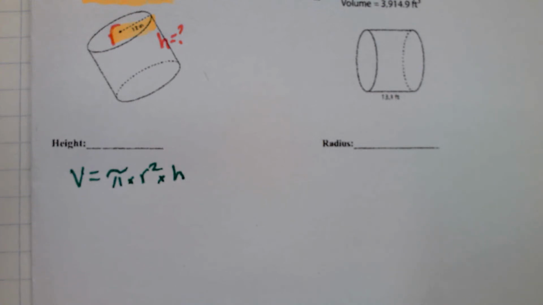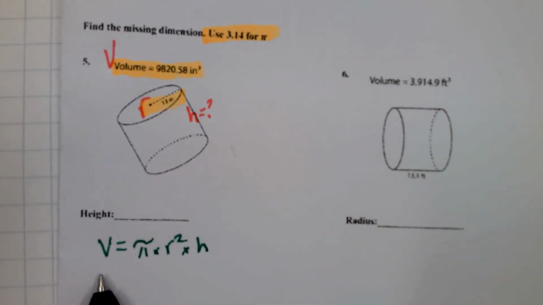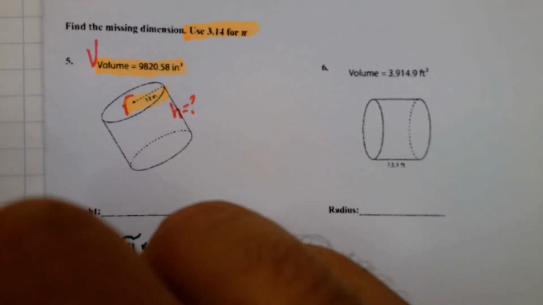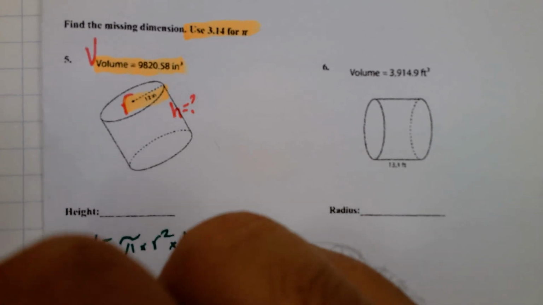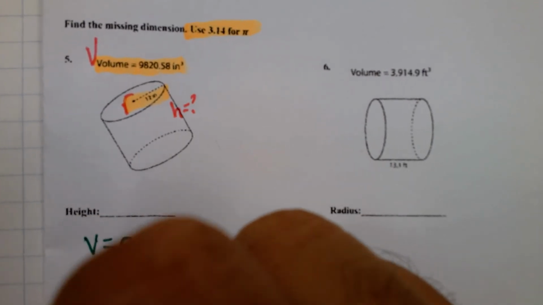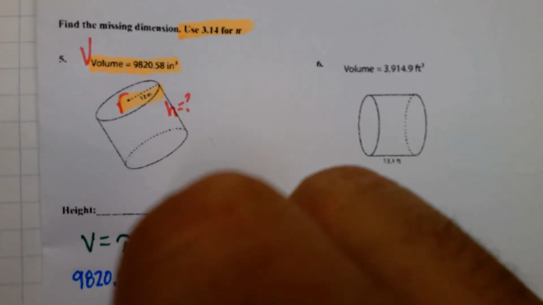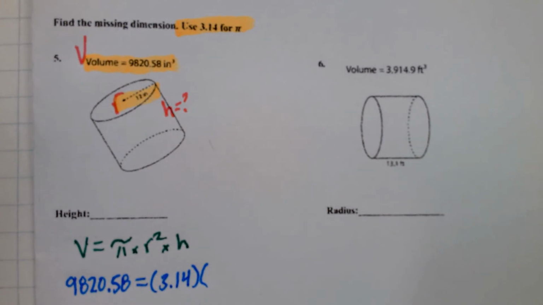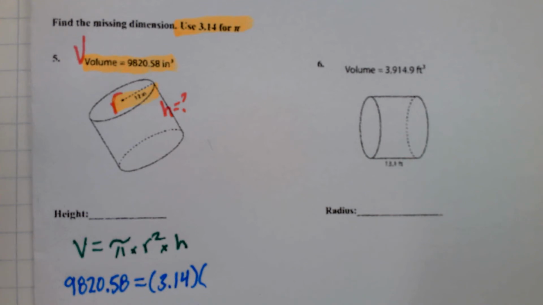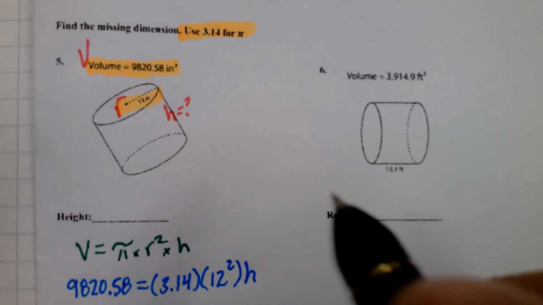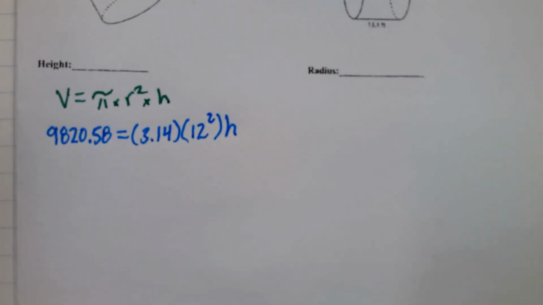Instead of V, we put 9,820.58, equals pi, 3.14, times the radius, which is 12, squared. We don't know the height, so we leave the height as h.